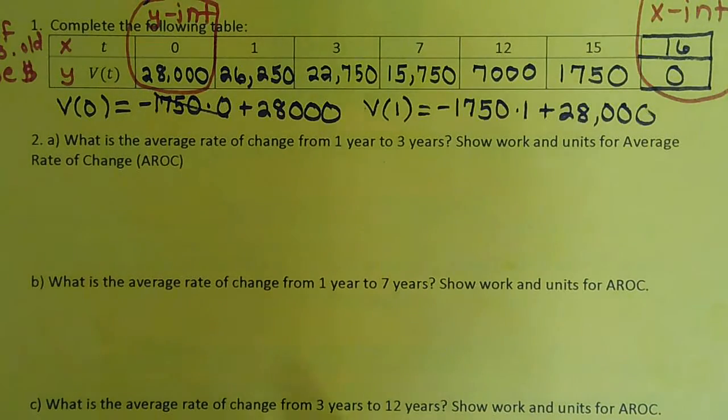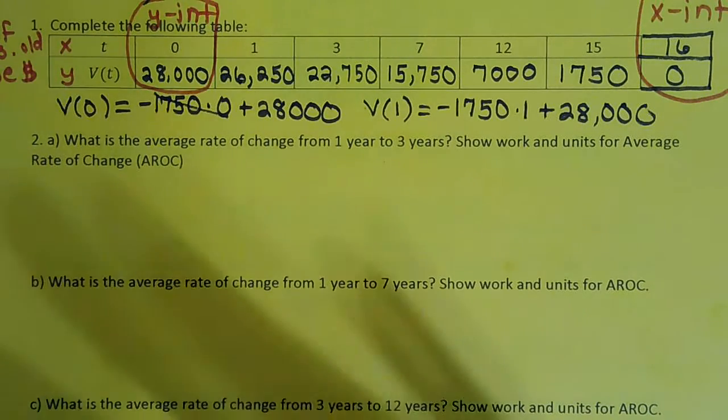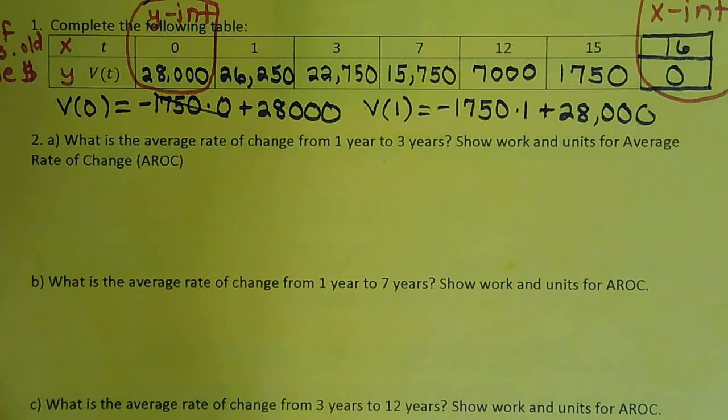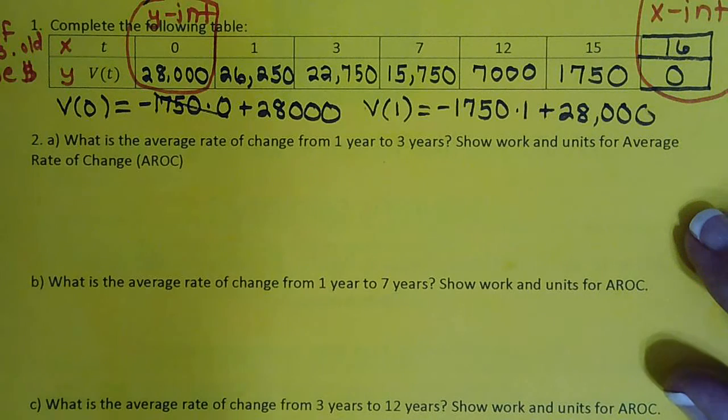I don't know what's with all the acronyms, but they're all the same thing for our purposes. Later on, when you get to calculus, you'll see they're not the same. I'm not even going to go into it, but you'll see that there is a slight difference. But for our purposes, average rate of change, constant rate of change, slope, they're all the same thing.